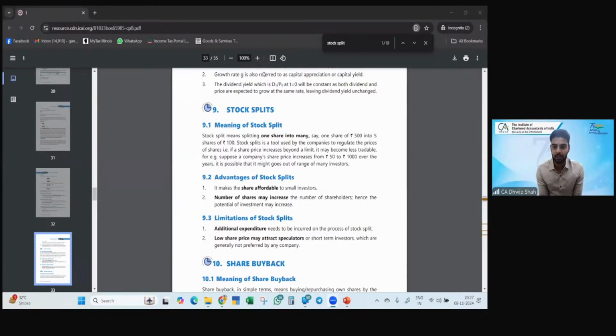What do you mean by stock split? It means splitting. See, here it is written. Let's say if there is one share of 1,000, then we are splitting this share into more numbers. Now 10 shares of 100 each. This is called a stock split.